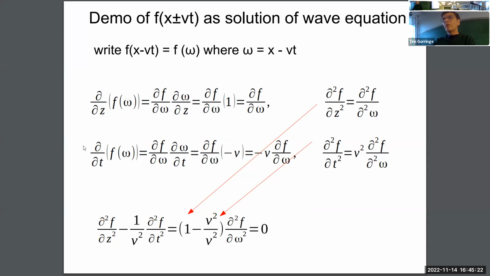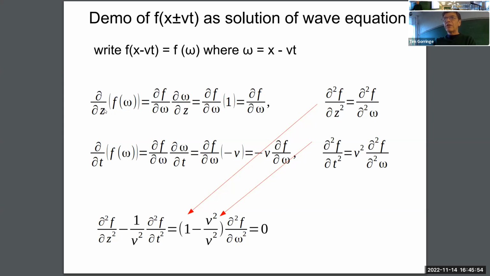You can prove that to yourself pretty straightforwardly. So if we take this idea that the solution is this combined function of space and time, and I write it as this new quantity omega, this combined function of space and time, and I'm going to go through this slide quickly.